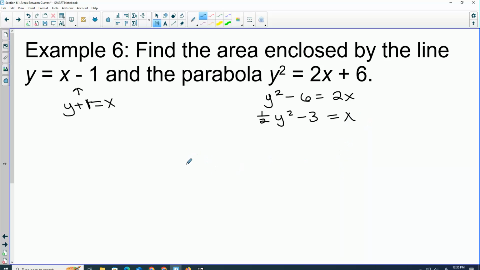Then everything has to be in terms of y. That means when I set up my integral, my limits have to be y values. So I need to find when these things meet. So I need to know, when does y plus 1 equal 1/2 y squared minus 3?